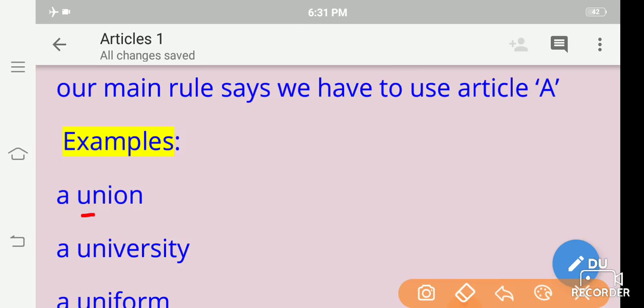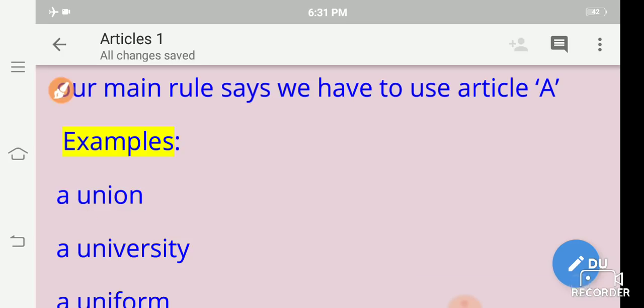Most of us get into confusion here. Oh, U is a vowel, so we have to use an. Such confusions are common, but here I am clearing such confusions. Especially some vowels which sound like consonants will take article a before them.